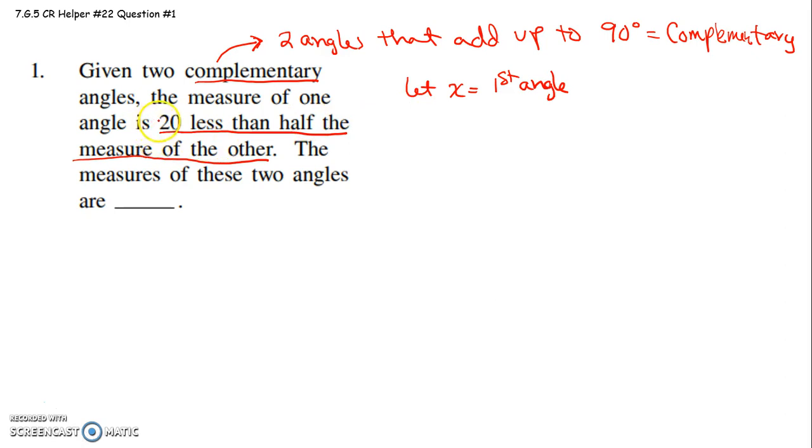And then it says one of the angles is 20 less than half the measure of the other.